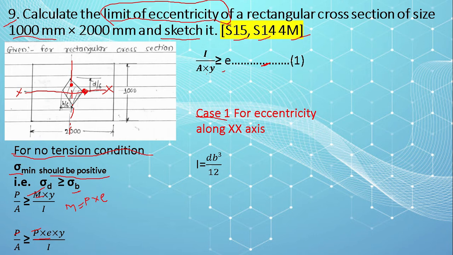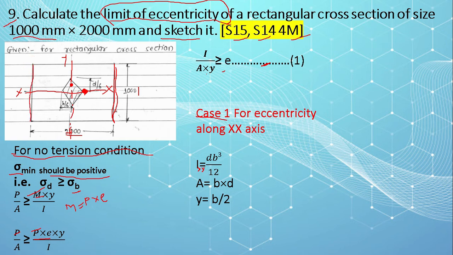So the moment of inertia of this section about this axis, the y-axis, means Iyy. The formula for Iyy is D B cube divided by 12. And the area of this section is 2000 multiplied by 1000. And y means the extreme fiber distance. Here our eccentricity is along the x-axis, so this is our extreme fiber, or this is also our extreme fiber.